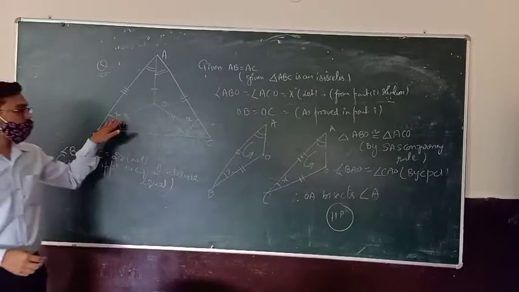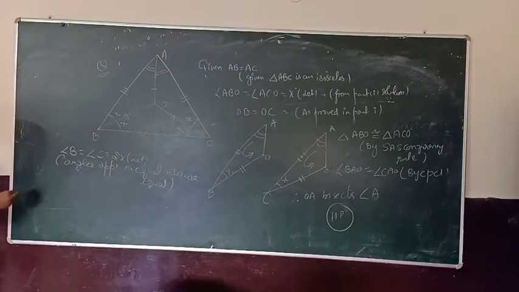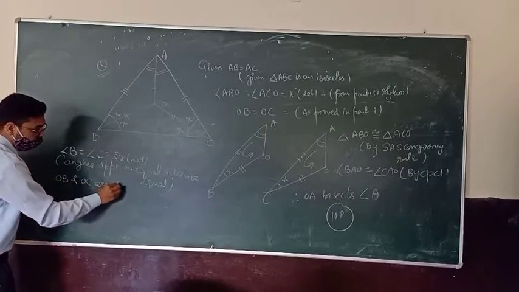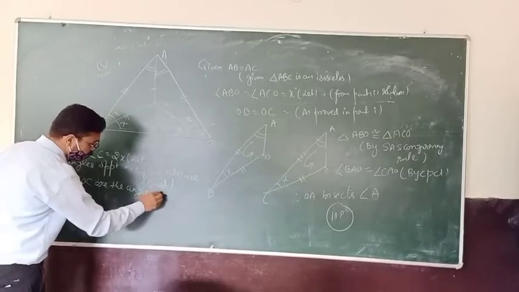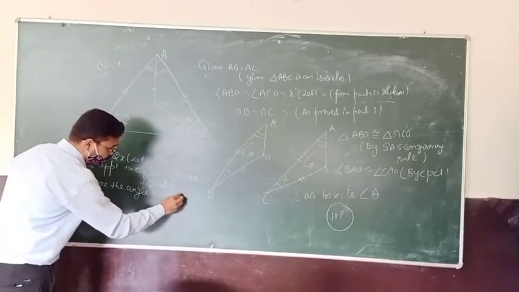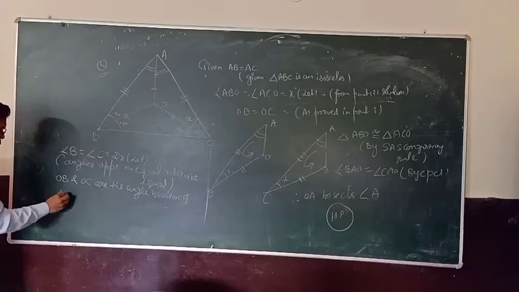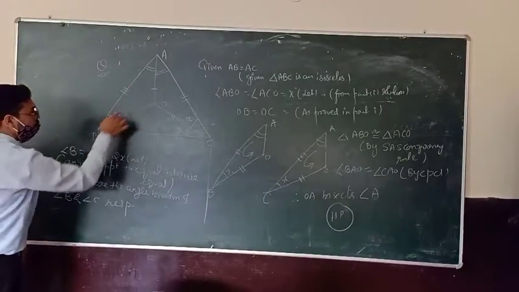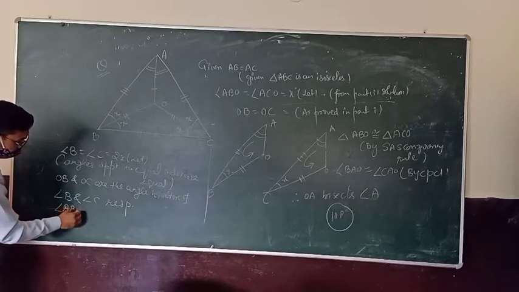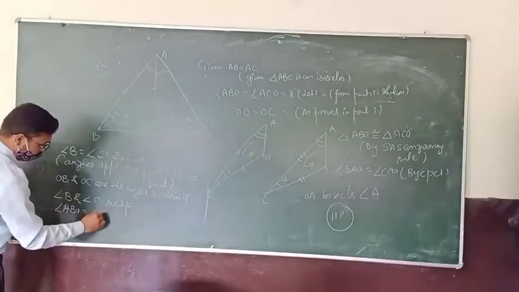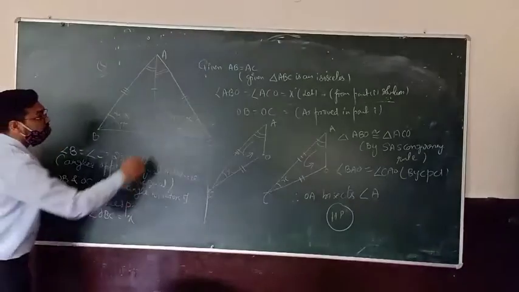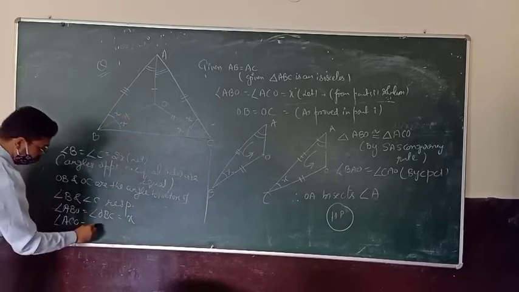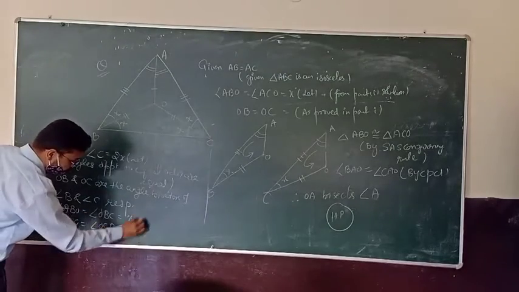Now it is given that OB and OC are the angle bisectors of angle B and angle C respectively. This is given in the question. So I can write that ABO is equal to OBC is equal to x. Similarly, I can write ACO is equal to OCB is equal to x.